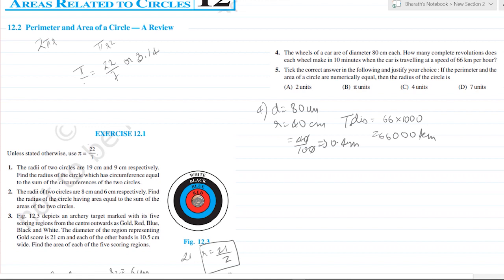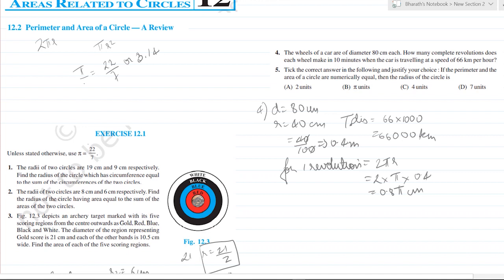Now the distance covered by one revolution, meaning one rotation, is 2 pi r, right? One revolution covers one circumference. So it's 2 into pi into 0.4, which is 0.8 pi meter. Fine.